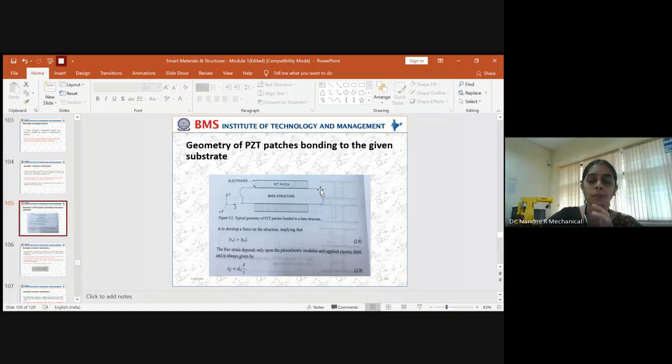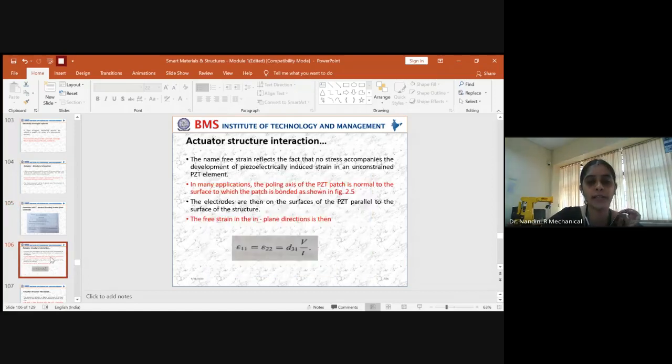We have studied the polarization phenomenon earlier, right? In order to get them aligned in a particular direction, you should be careful to identify the axis in which you will do the polarization. The thumb rule is that we always select the direction of polarization perpendicular to the direction in which the patch is applied, meaning it will be normal to the direction of the patch you have applied. So that is the second thumb rule you have to understand.